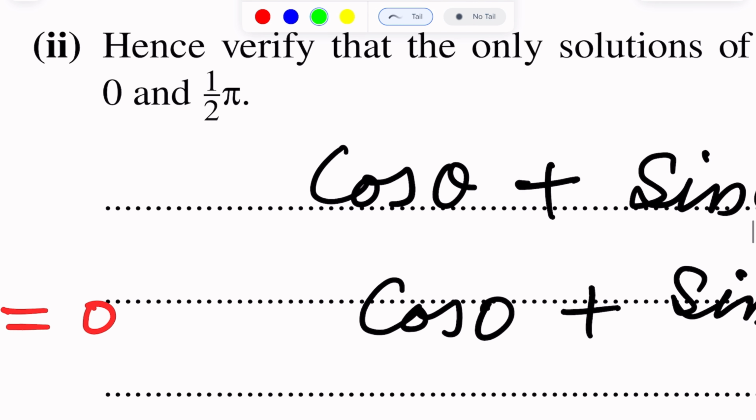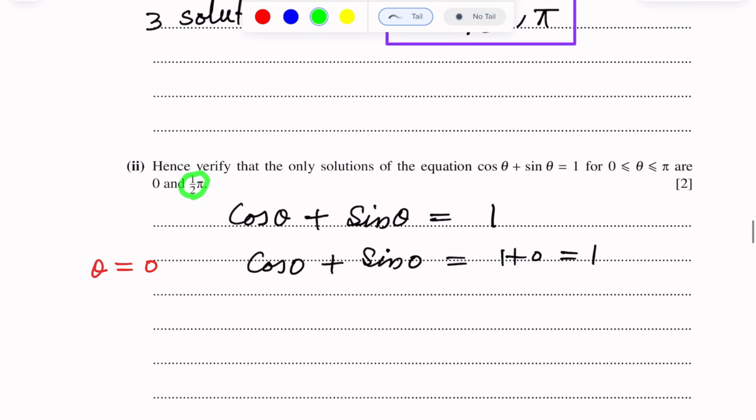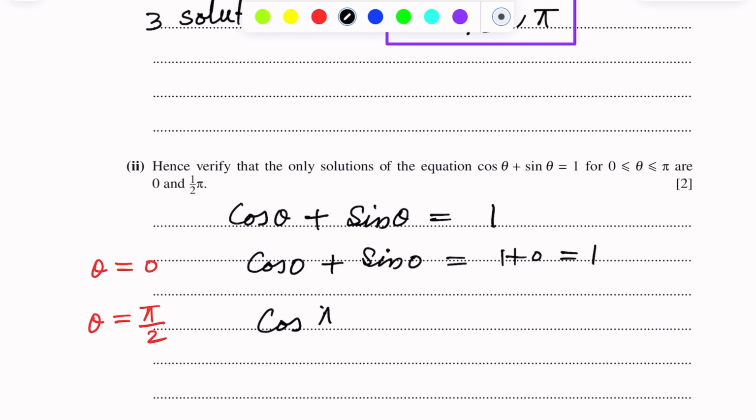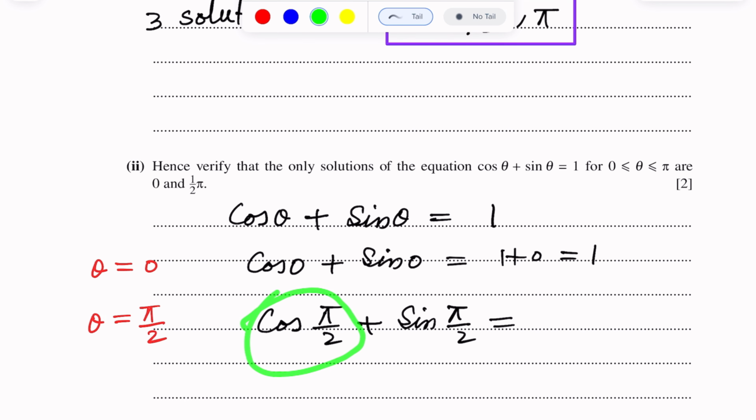Now the other solution is pi by 2. Put theta is equal to pi by 2 in the same equation. We get cos pi by 2 plus sin pi by 2. Cos pi by 2, cos 90, is 0, and sin pi by 2 is 1.